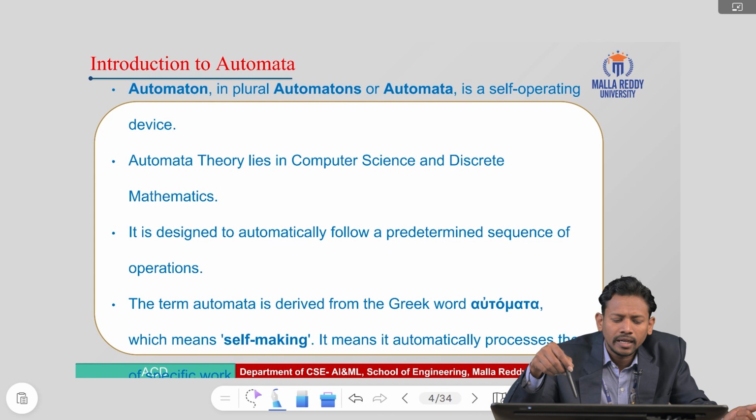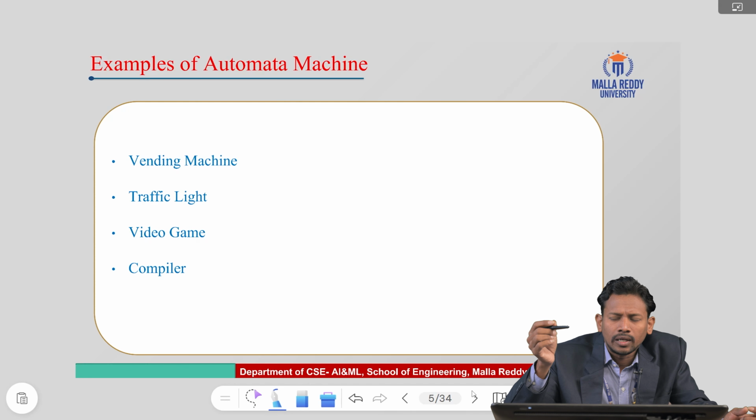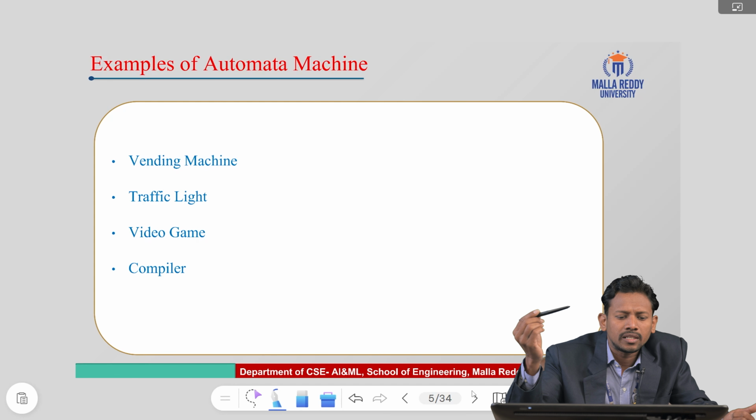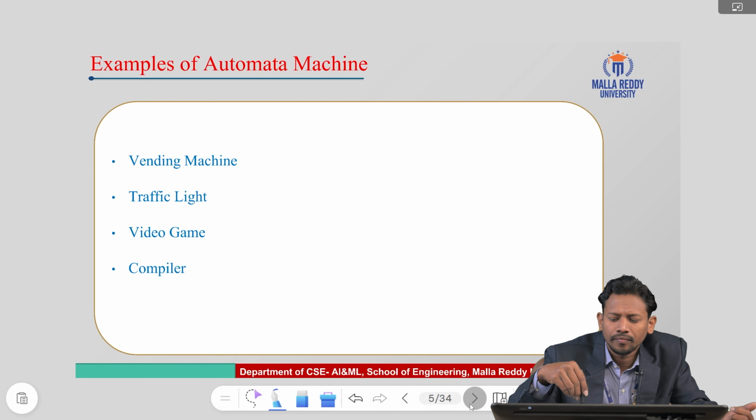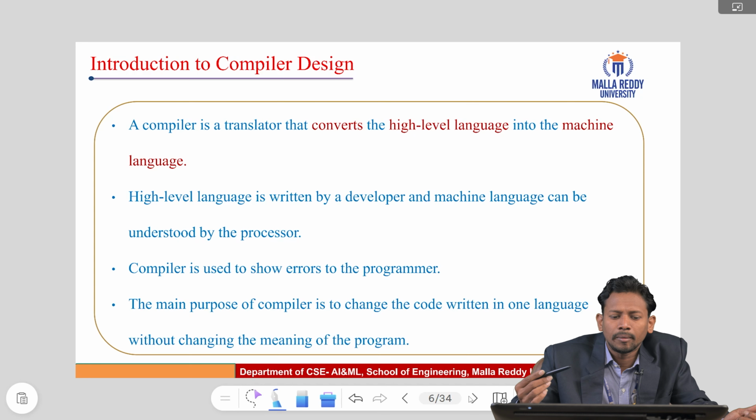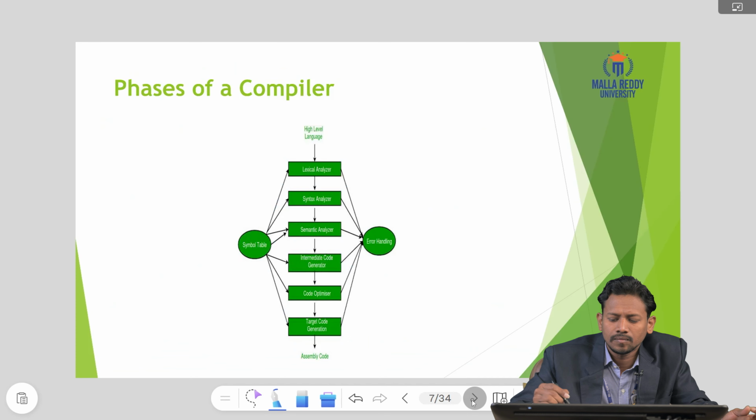It means it automatically processes specific work. So to run compilers, automata theory is very important. Examples of automata machines are vending machines, traffic light systems, video games, and compilers. As we discussed, a compiler is a translator that converts high-level language into machine-level language.